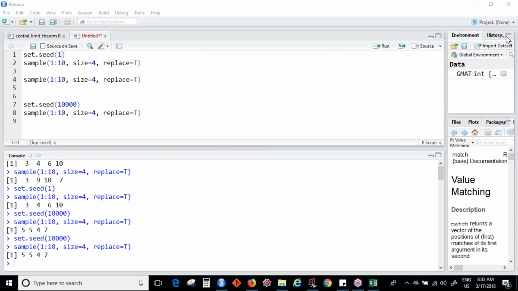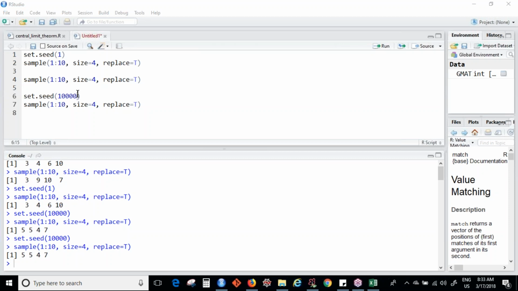Pankaj, is that clear now? What is happening if we make a seed of 10,000 or any big number instead of 1? Neha, any software that you use, it generates random numbers using some algorithm.